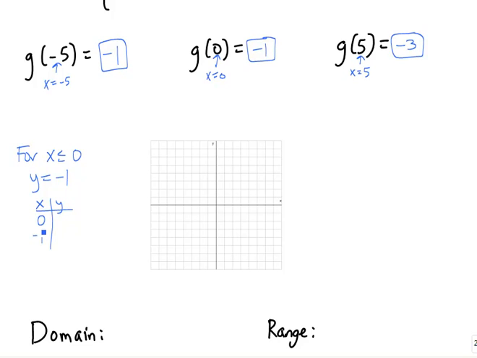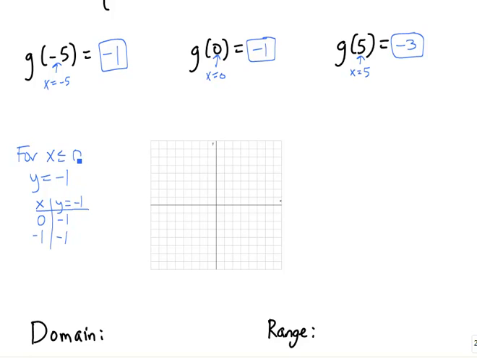Okay, so these are going to be my two x values that I choose. Remember, our function was y equals negative 1, and that doesn't have an x in it, so it doesn't matter what x's we had picked, the y value is always going to be negative 1 for both of these. So let's go ahead and start plotting these.